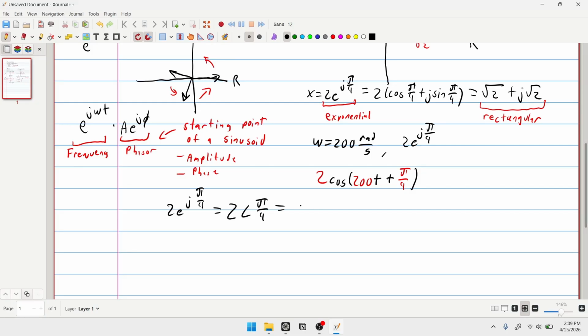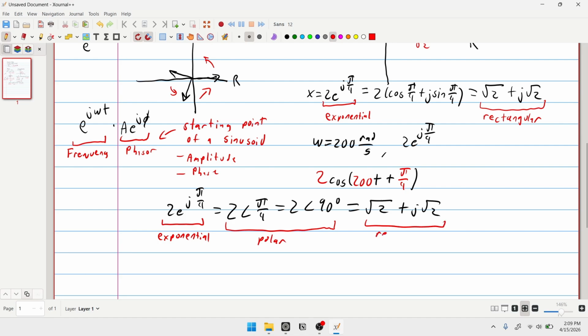We call this the polar form. And then we also have the rectangular form. So this is exponential, both of these are polar, and this is rectangular.